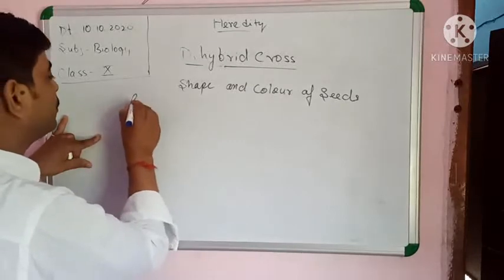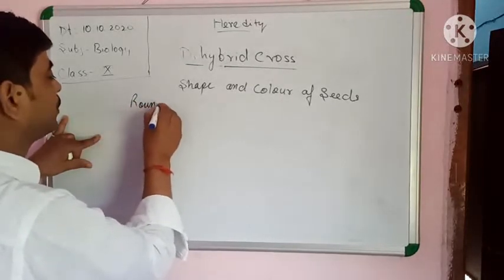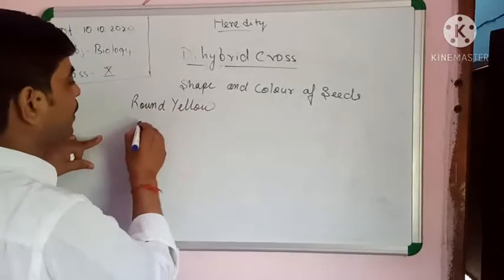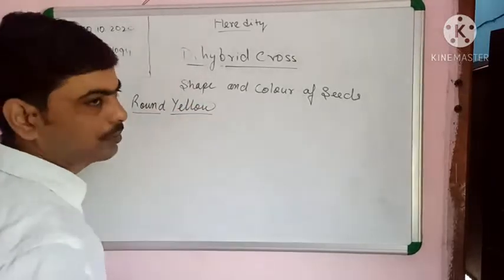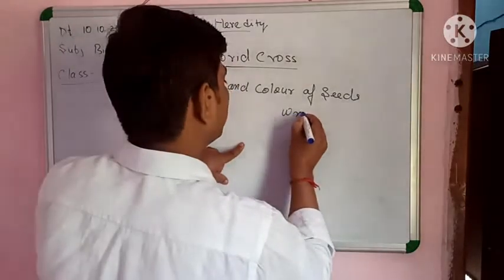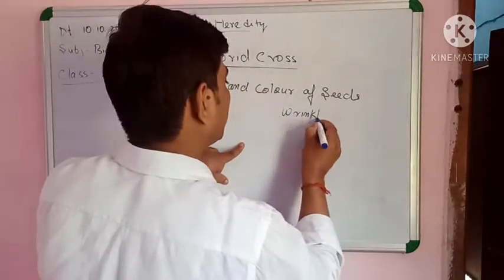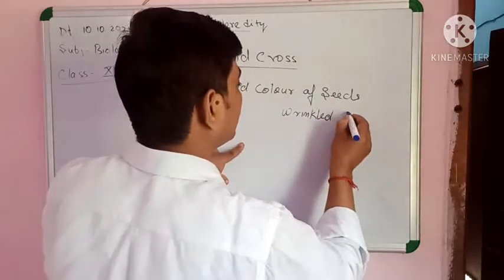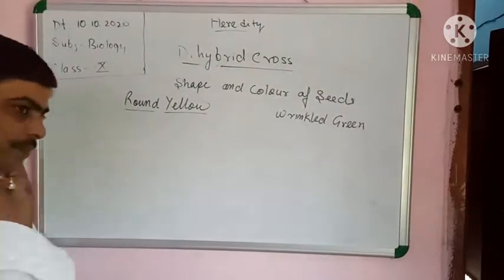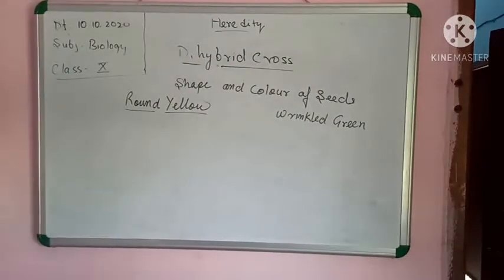So round yellow, round yellow. Here wrinkled and green is the color. Wrinkled green.